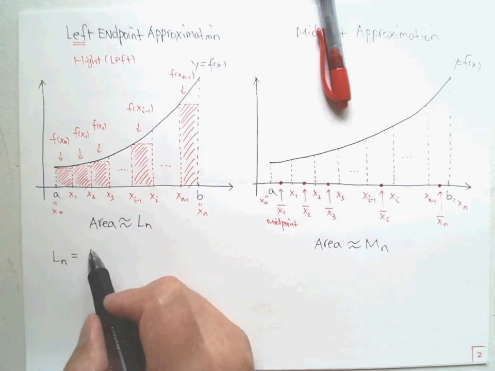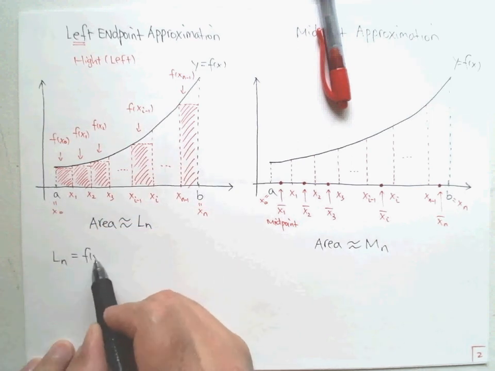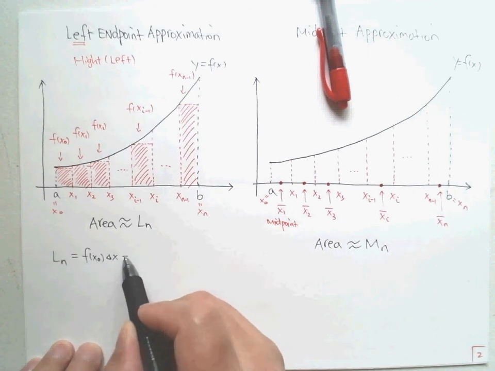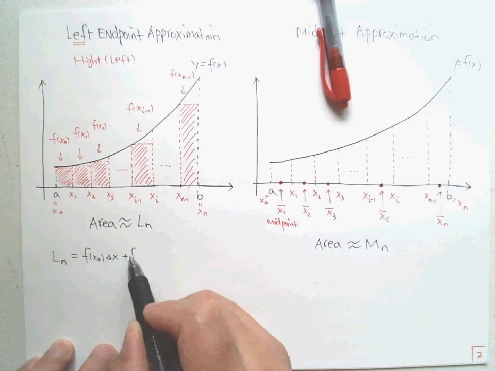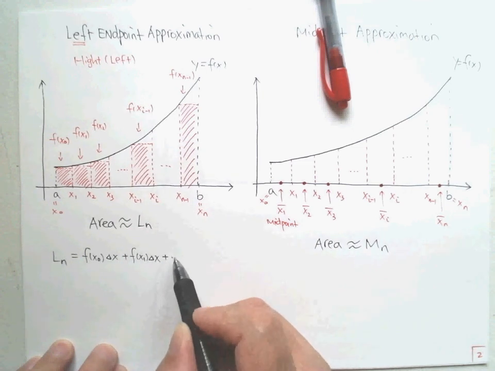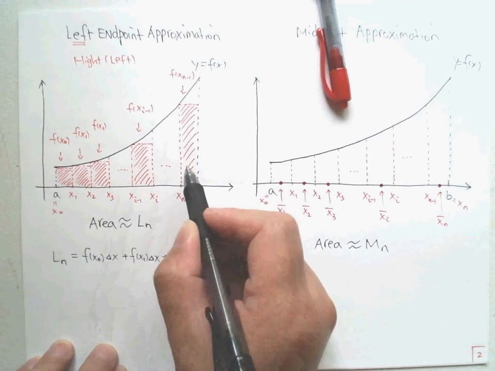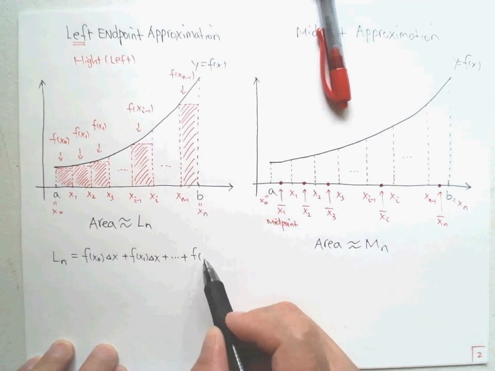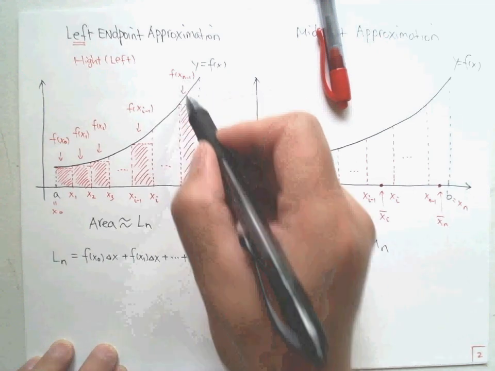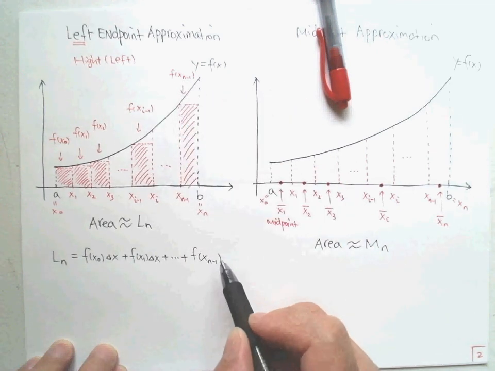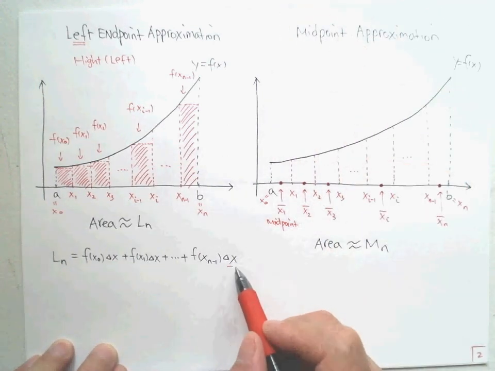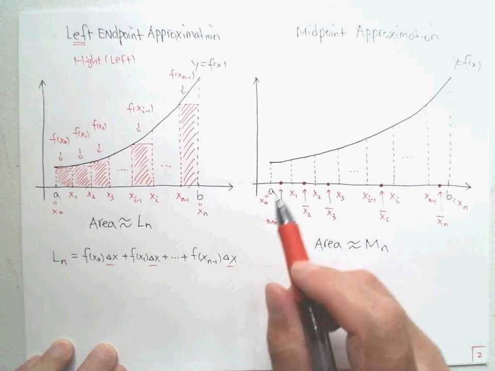The height times the width, plus the second rectangle, f(x1) times delta x. The third I ignore, and continue to the last, which is f(x(n minus 1)) times delta x. Then the same, we can factor the delta x out.